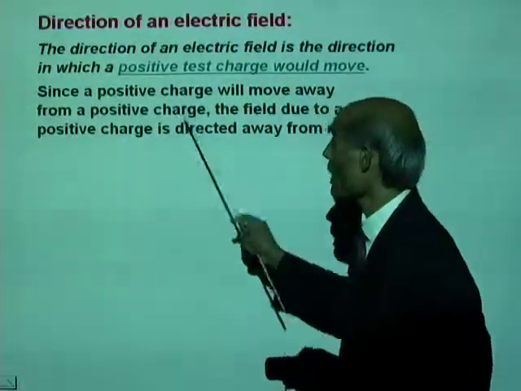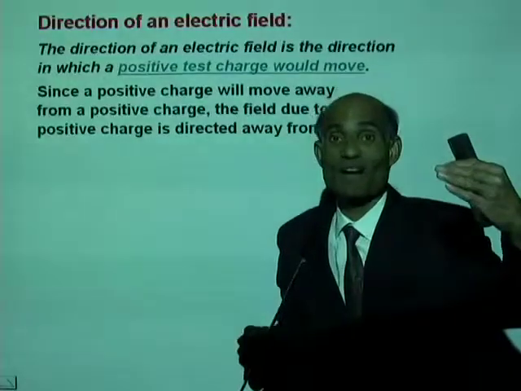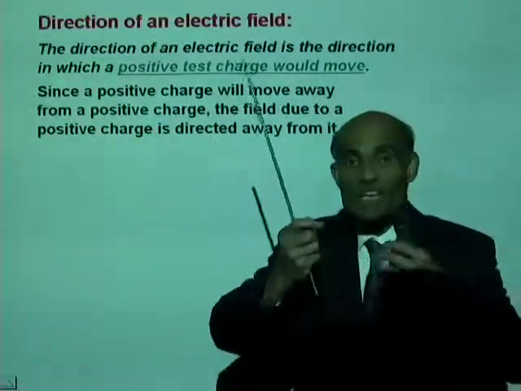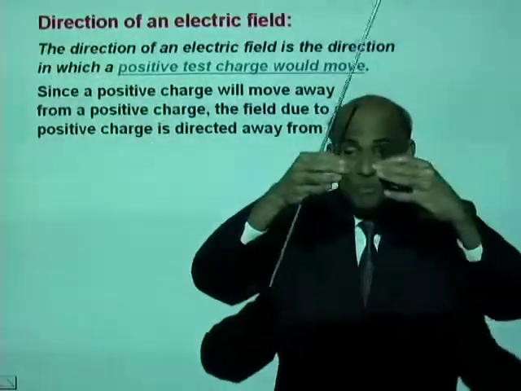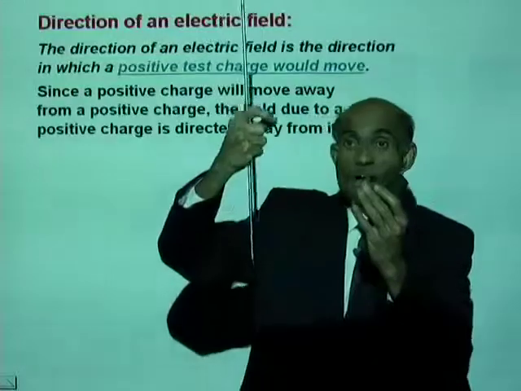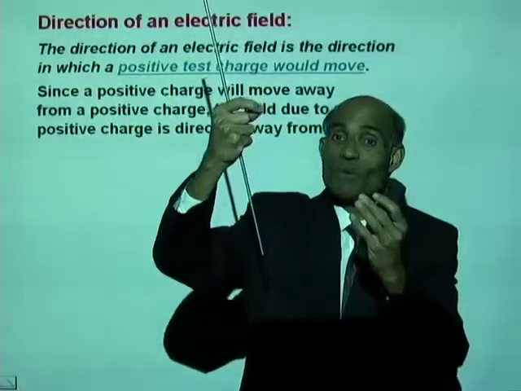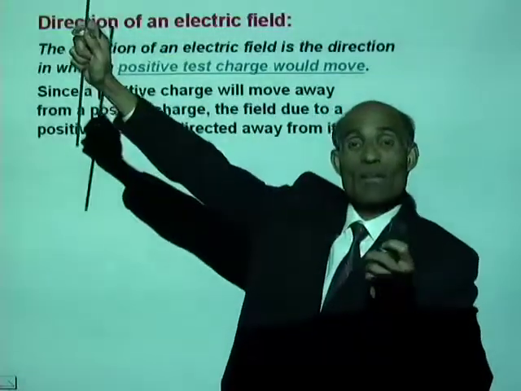Well, since a positive charge will move away from a positive charge, the field due to a positive charge is directed away from it. Is that right? If you have a positive charge and if you place a positive test charge near it, what will happen to that positive test charge? It will be repelled away.